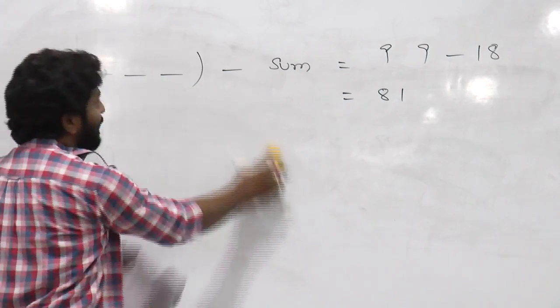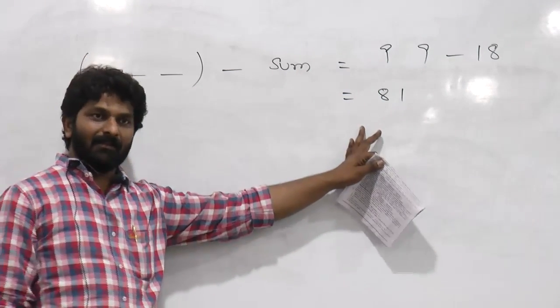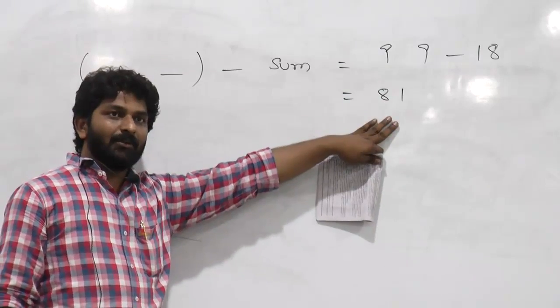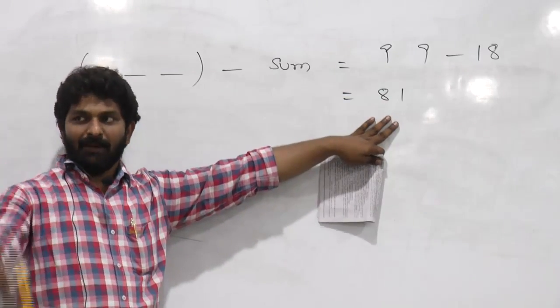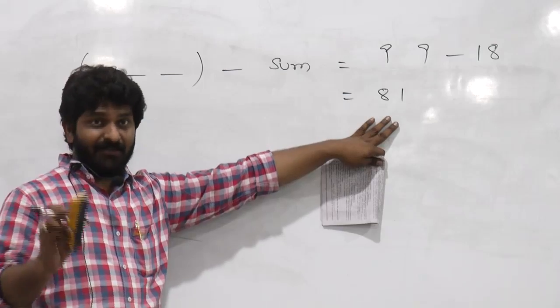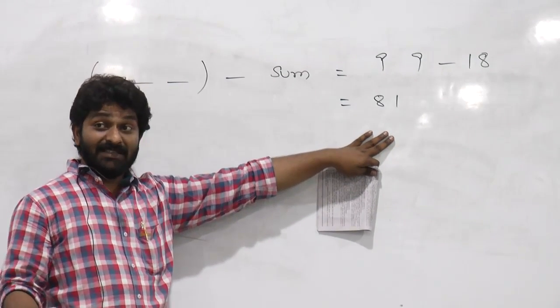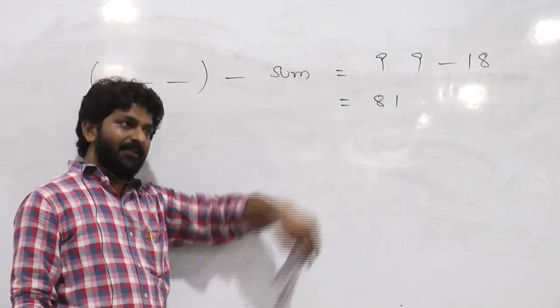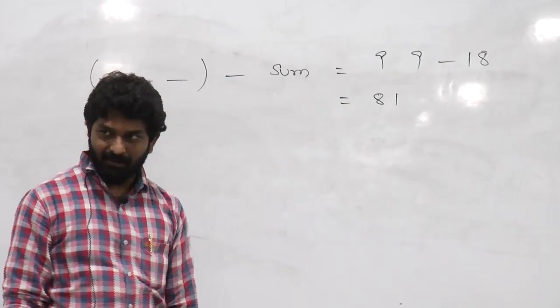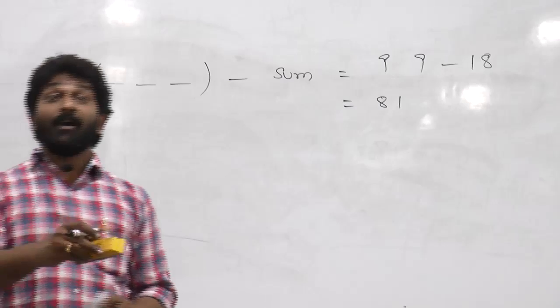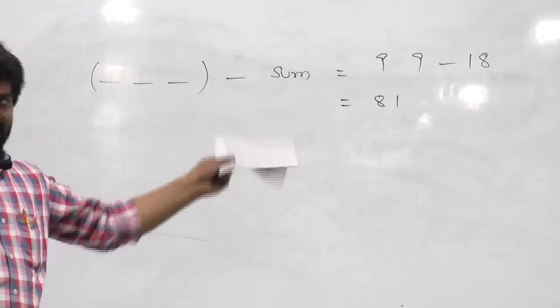Or if you consider 81 also, forget about the three-digit number. For 81 also you will have many factors. 1 is a factor, 3 is a factor, 9 is a factor, 27 is a factor, and 81 is a factor.